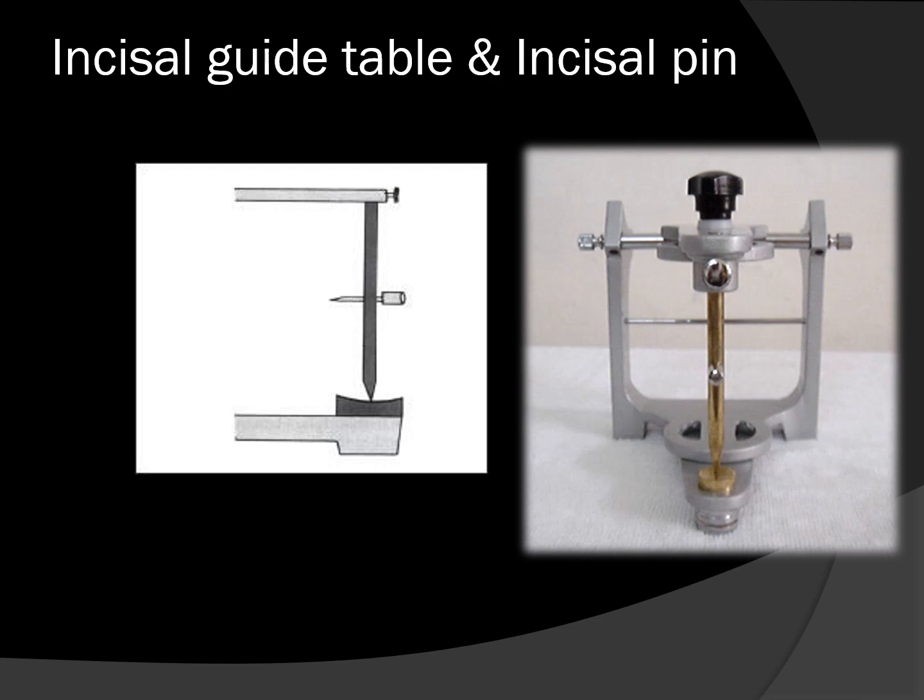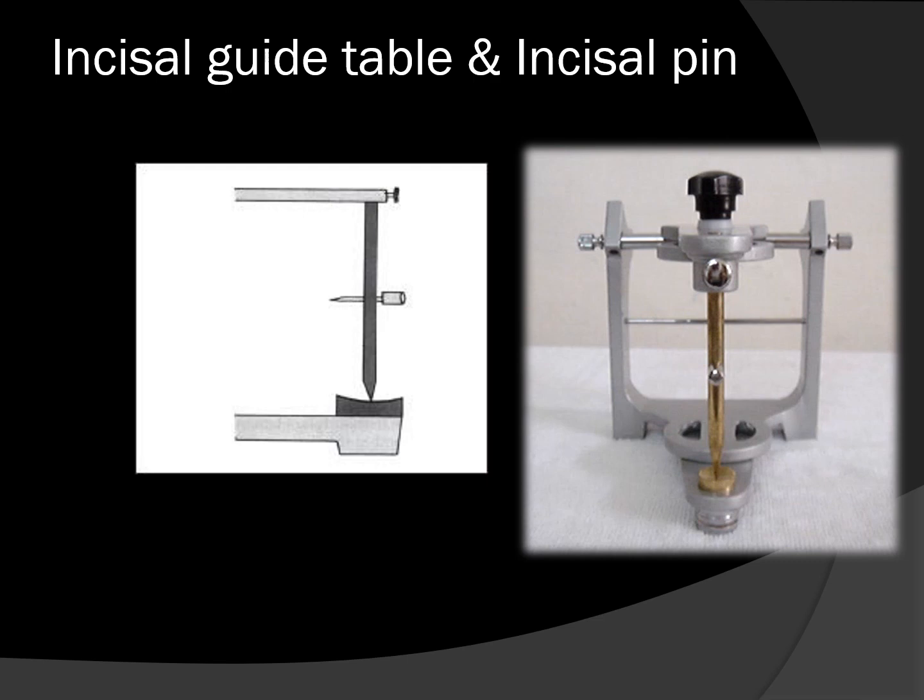Now at the midpoint of this vertical rod, a hole is provided in order to fit the incisal guide pin. So this is the hole. Here you can see the incisal guide pin is attached, and the tip of the incisal guide pin is the anterior reference point in this articulator. The incisal edge of the maxillary incisors at the midline of the occlusal rim should touch this tip of the incisal pin during articulation.